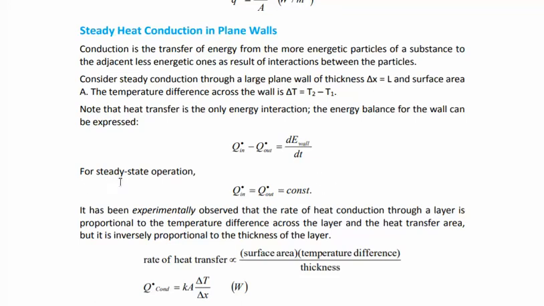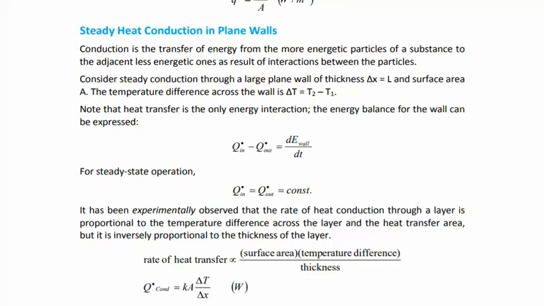For steady state operation, the Q input is equal to the Q output, that is constant. Experimental observation shows that the rate of heat conduction through a layer is proportional to the temperature difference across the layer and to the surface area, but inversely proportional to the thickness of the layer.